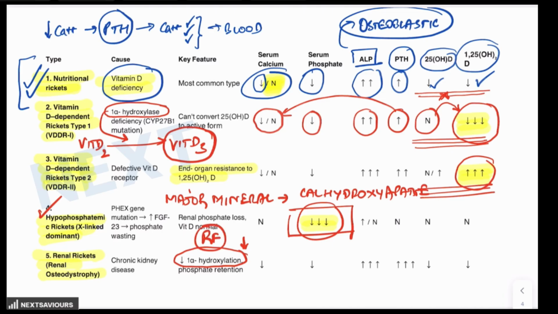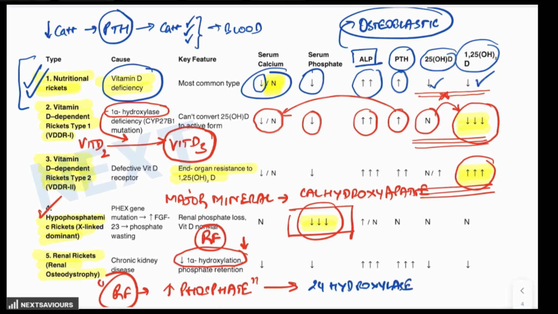Apart from this, renal failure will result in an increase in the phosphate concentration, because phosphates are excreted only by the renal tubules. This increase in the phosphate concentration will result in the activation of the 24-hydroxylase enzyme, and this 24-hydroxylase will bypass the conversion of vitamin D into 24,25-dihydroxycholecalciferol, which is an inactive form of vitamin D3, because active vitamin D3 is 1,25-dihydroxycholecalciferol.